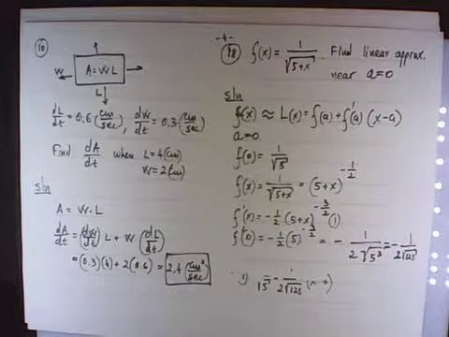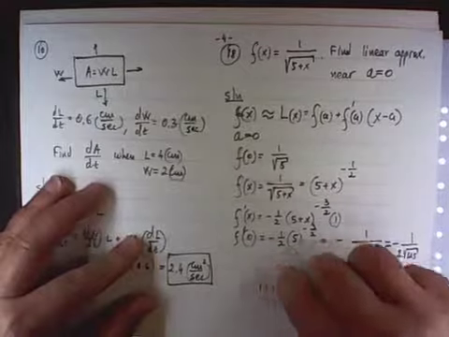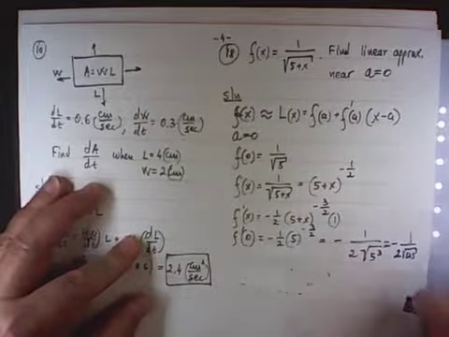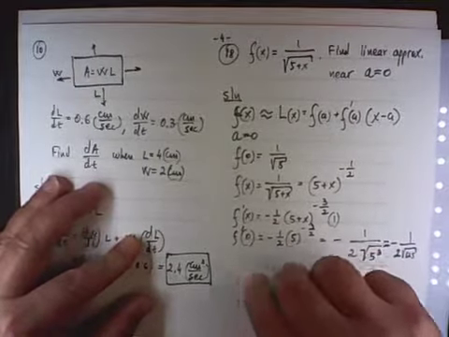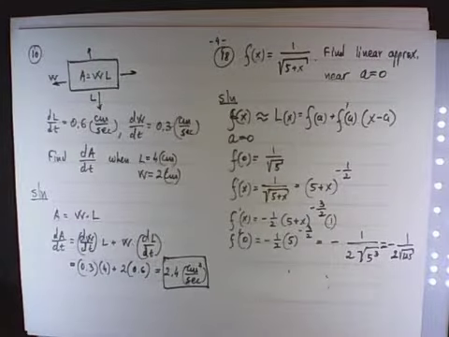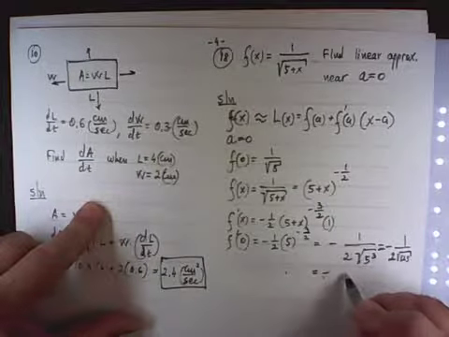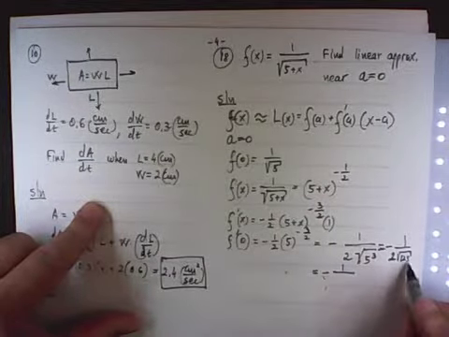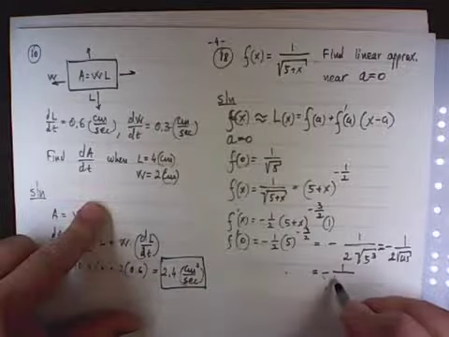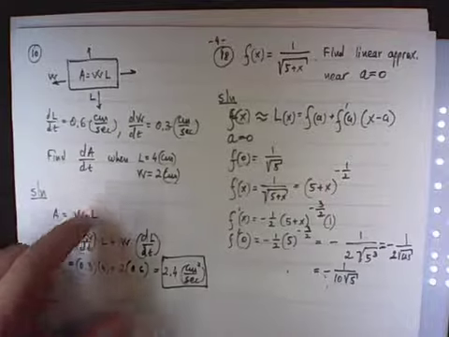We cannot leave it like that. So this will equal negative 1 over 2 times the square root of 25, which is 5, so it will be 10 square root of 5, like so. This is better.